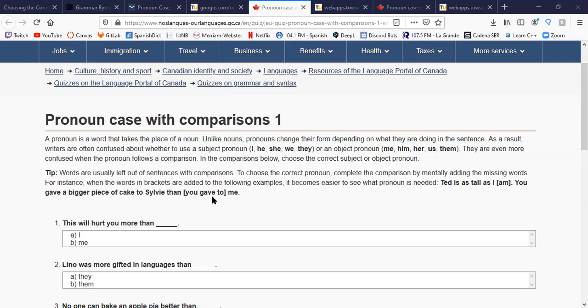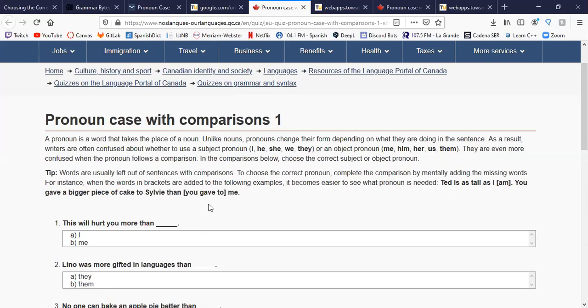So in the first case, you'd have I, because Ted is as tall as I am. But in the second case, you have me because you gave a bigger piece of cake to Sylvia than you gave to me. So not I in this case. If you fill in those missing words, you gave to, then you should see that it's me.